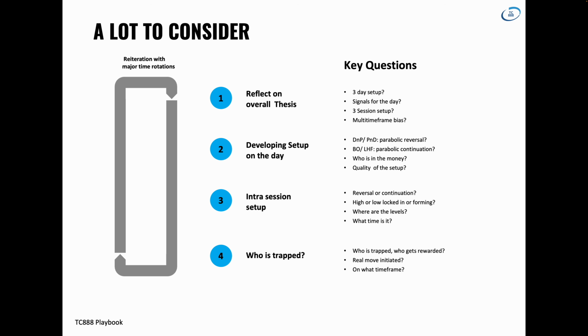This is my process for how to do that, and what the key questions and elements are to go through in live time. So you have to have a thesis before, of course, but then you have to reflect on this thesis constantly. Is it really confirming, or is it not confirming? Is there an alternative thesis? Is there a counter thesis?